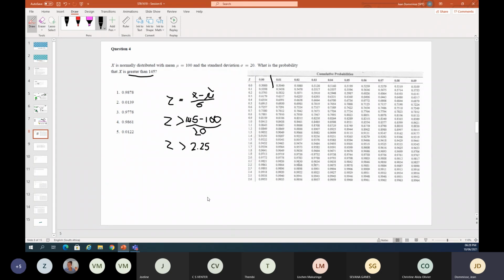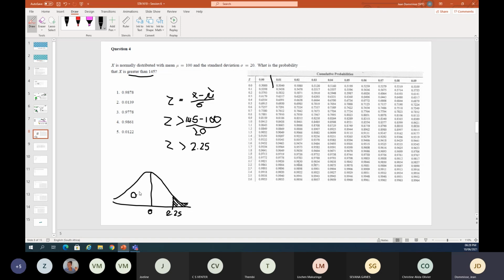Okay, so now, before we even get to the table, that's 0, that's 2.25. Z bigger, so we want that small area.